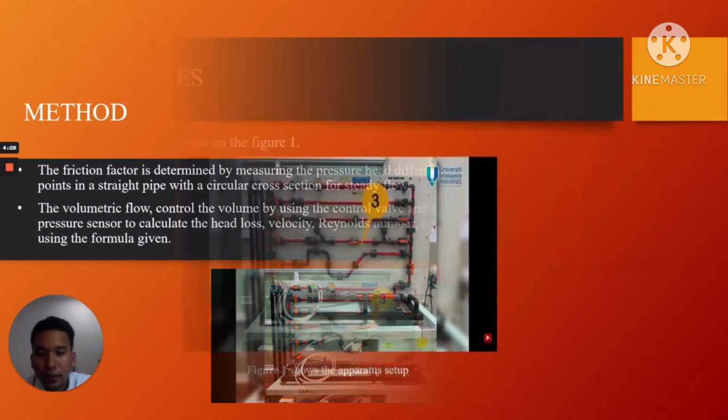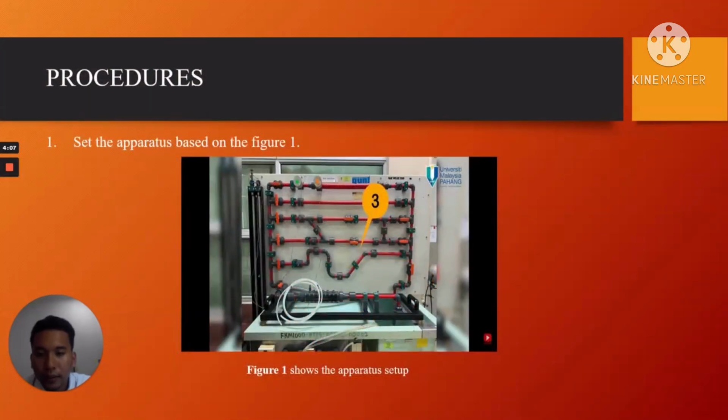So next, the procedures have a few steps, and step 1 is set the apparatus based on Figure 1. So this is Figure 1. Set the pipe, the bend pipe, the pump, and so on.